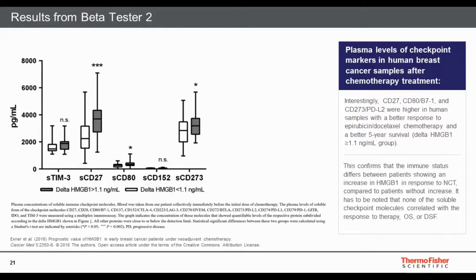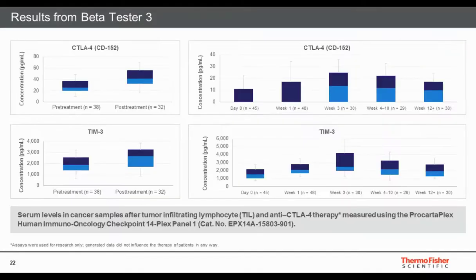Six immune checkpoint molecules were detected with high levels in these samples. Interestingly, CD27, CD80, or PD-L2, which is CD273, correlated with the HMGB1 level and were increased in human samples with better response to chemotherapy and a better 5-year survival.